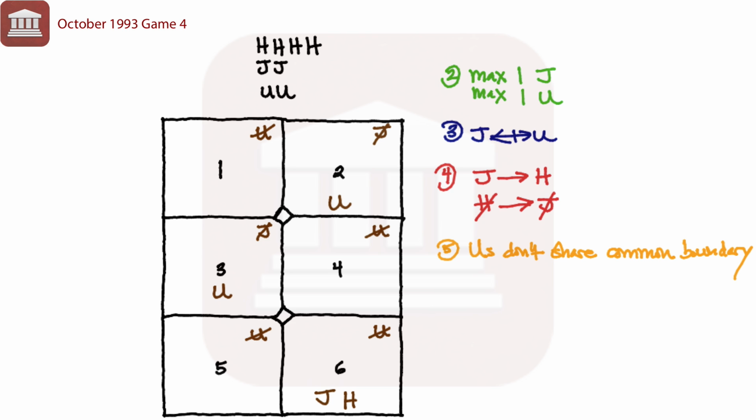We've placed our 1st jail, and now notice we could have our 2nd jail appear in one of 3 possibilities. And again, we know that if we have jail, we have to have at least 1 hospital. So this other JH box is going to appear in either 1, 4, or 5. And that would be the setup for this game.